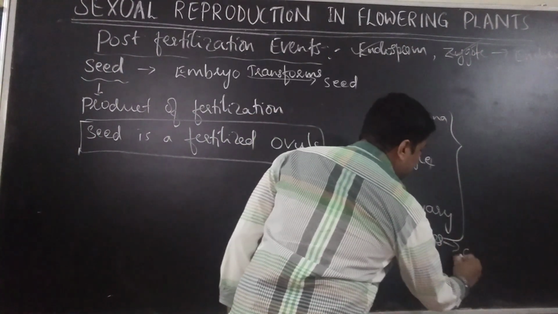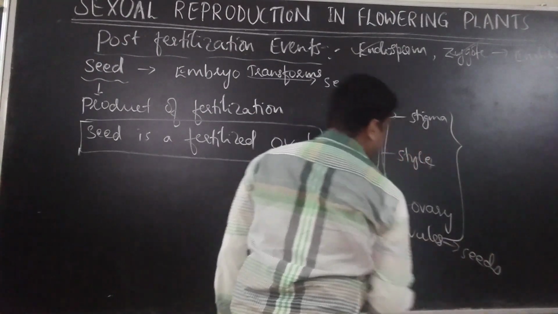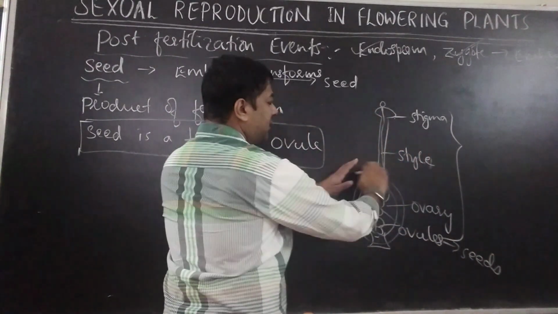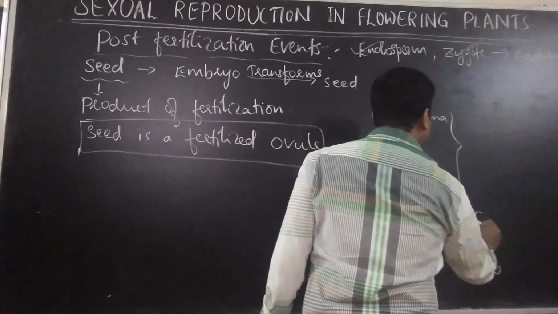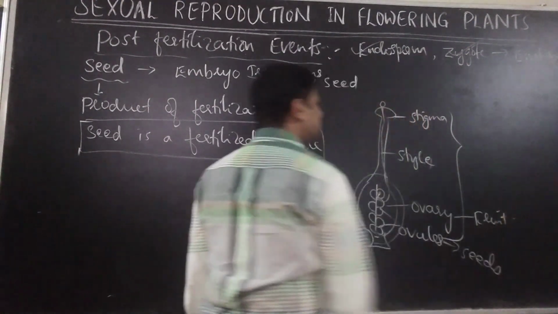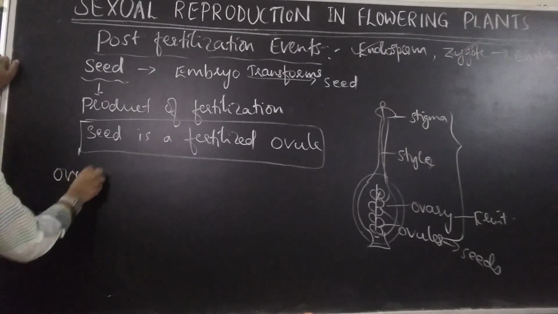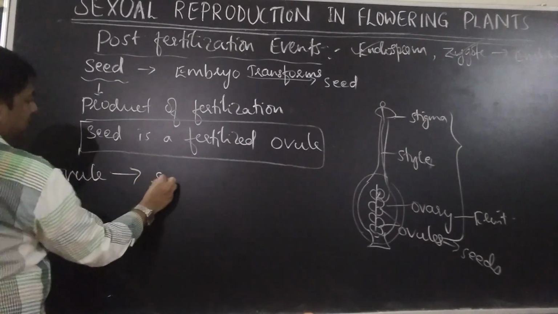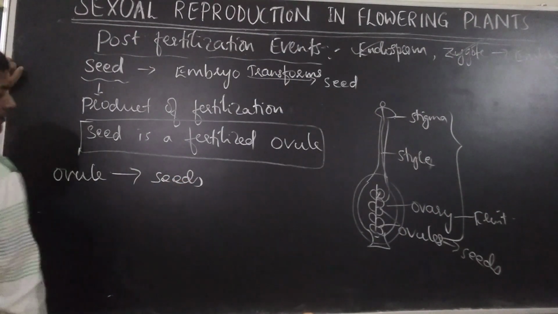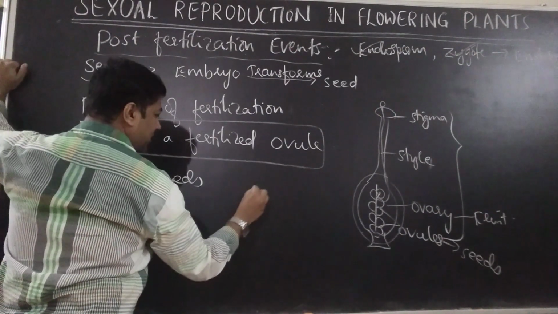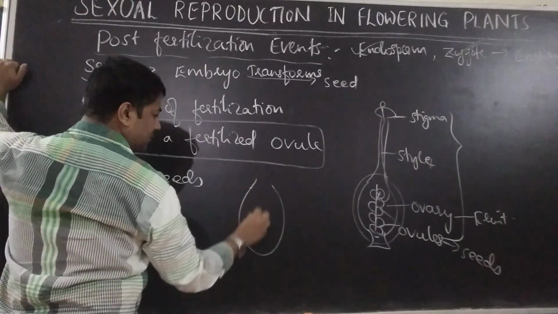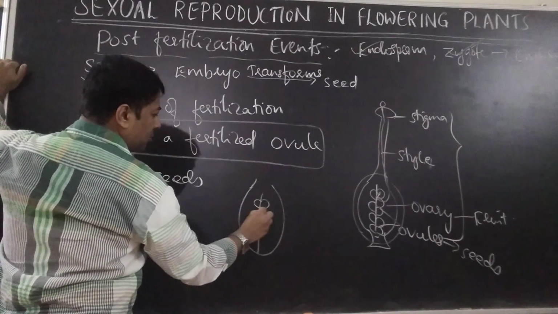Ovules will become seeds after fertilization. This entire ovary becomes fruit. So, ovule becomes seeds. Like that part if I should show, this is ovary, okay, and there are ovules here.